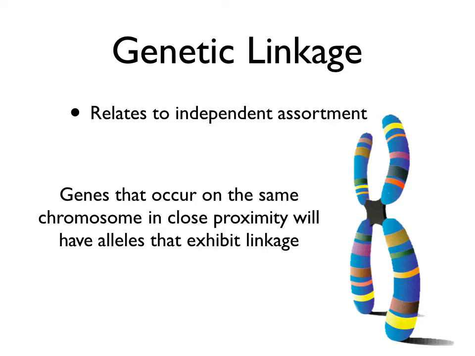Now, you will remember that important point I spoke to you about in an earlier chapter, independent assortment, that being whichever parental copy of chromosome 1 you got from your mother. So your mother has grandma's number 1 and grandpa's number 1 chromosome.